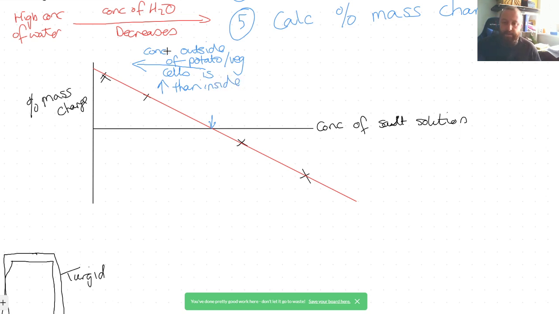Okay, and that's the concentration, I'm going to put of water, not of salt. So make sure you've got your heads around that, and if I'm confusing you, please put in the comments, because I'm more than happy to try and clarify any of this. So do let me know.